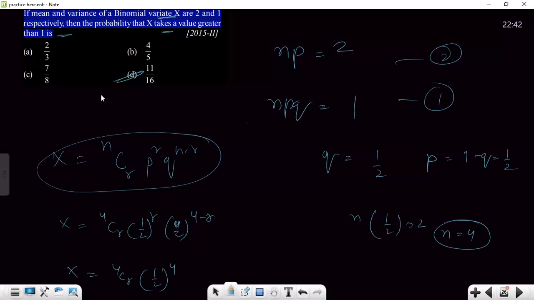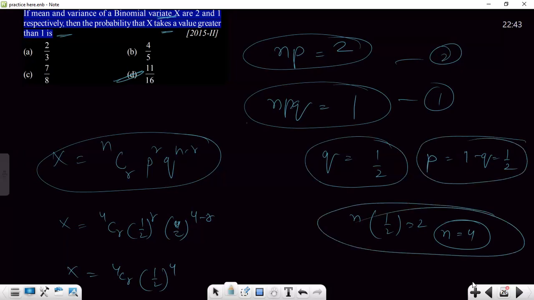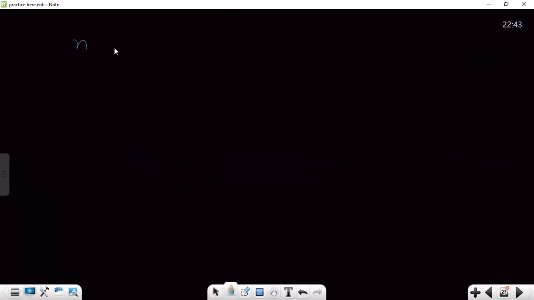What we have done here: it was given, we know that mean is NP, variance is this. Using this, we find out the probability of failure, then the probability of success. We also find out the number of trials. What we had was N, P, and Q, and we know R is missing.